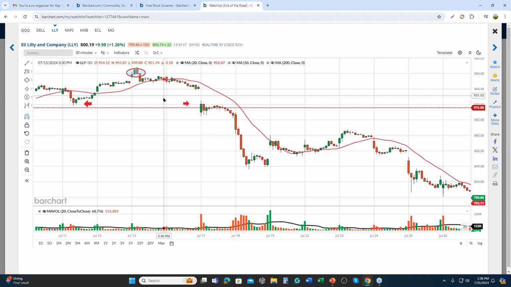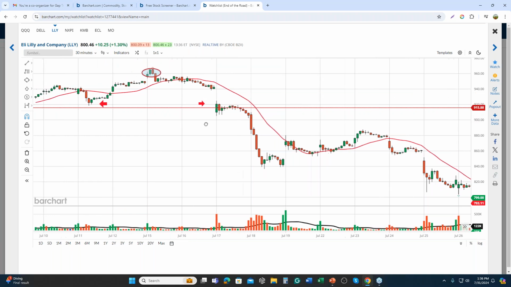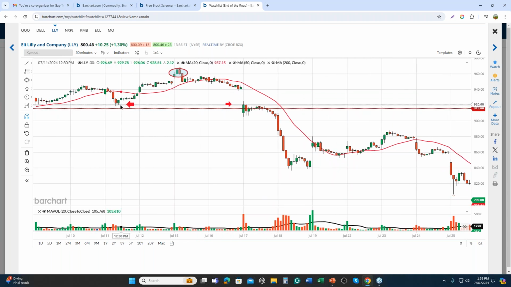And again, the other thing I want to point out on this one is notice that here is the most recent level of support, and how price sometimes reaches back and tests old levels of support that become new levels of resistance.